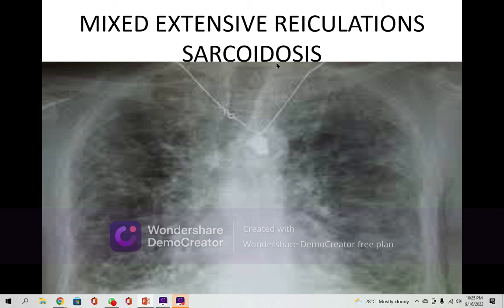Sarcoidosis in lung radiology has stage 1, stage 2, stage 3, and stage 4, where the hilar lymphadenopathy does not seem to be very extensive, rather the reticulations are seen occupying the whole lung, here, there. So mixed extensive reticulation is seen in sarcoidosis, which is also a part of interstitial lung disease.